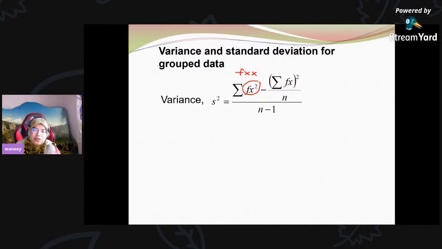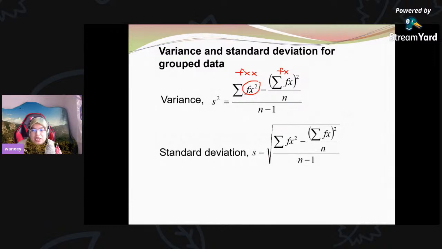For summation of fx squared, you calculate f times x, add everything together first before you square them. The standard deviation is again the same thing: we simply take the square root of our variance.